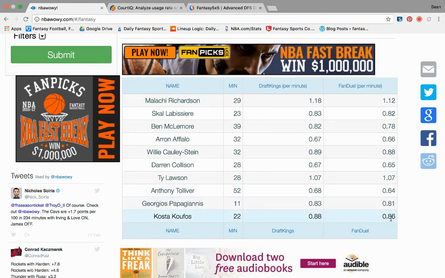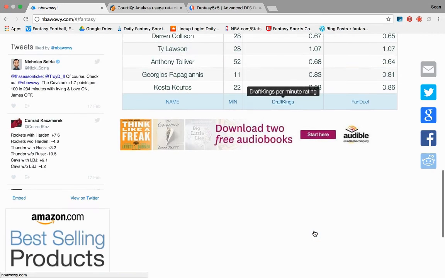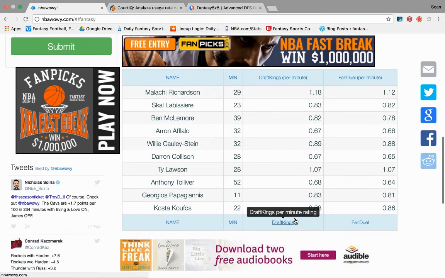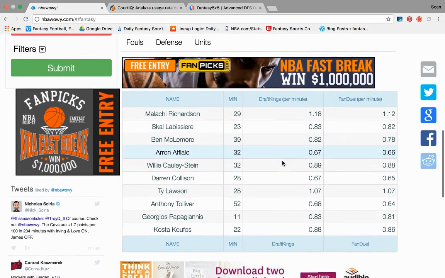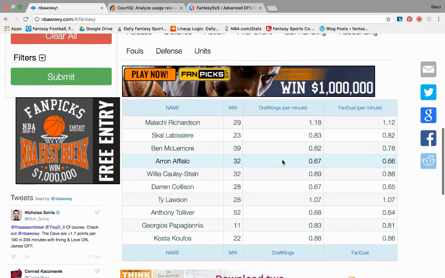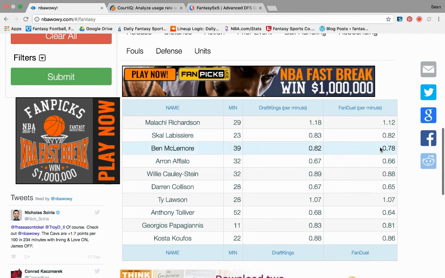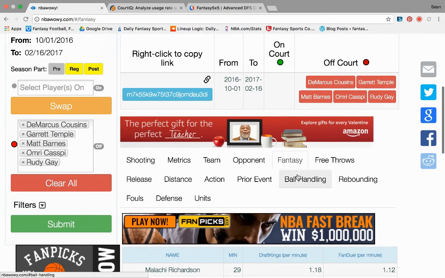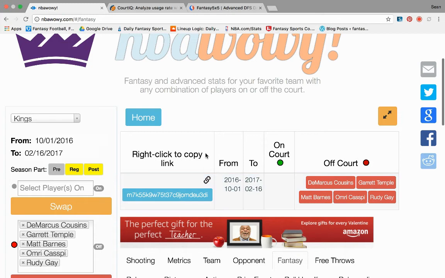Kosta Koufos takes a nice bump there as well, as we saw with Willie Cauley-Stein. Those are my leaders, right? So I can keep all of those guys in play as I look forward to trying to roster maybe some of these Kings in a value situation.